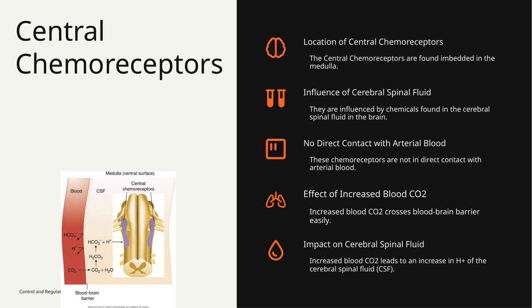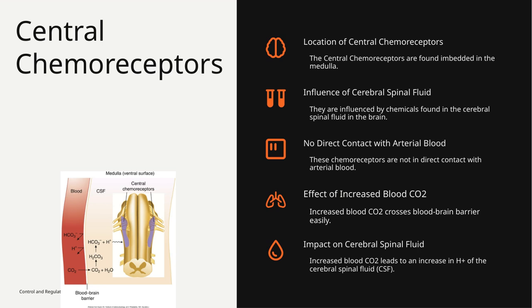This is important because increased blood CO2 crosses the blood-brain barrier quite easily, unlike some other substances. However, it's key to note that these chemoreceptors are not in direct contact with the arterial blood itself. Instead, they are influenced by the chemicals present in the CSF, which reflect the blood's chemical status indirectly.